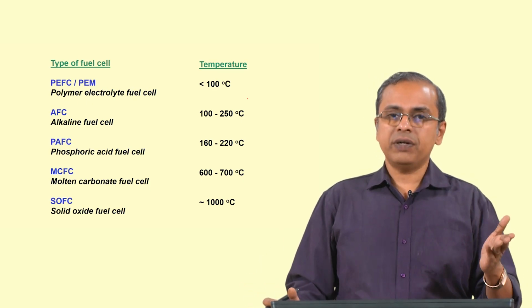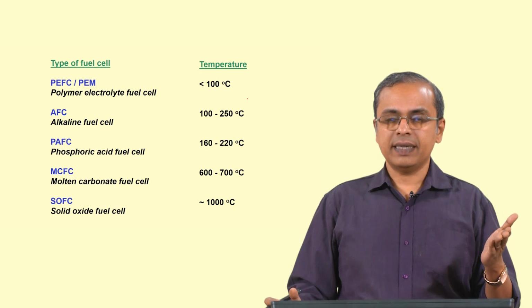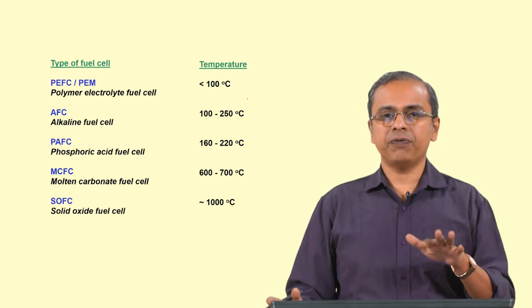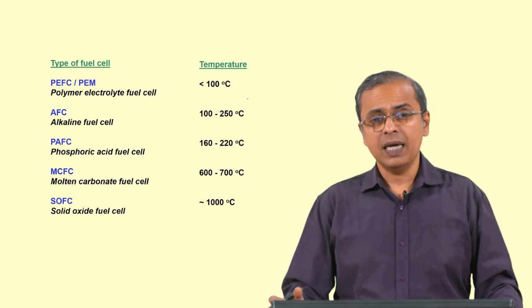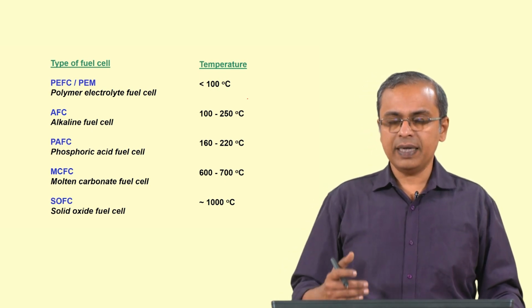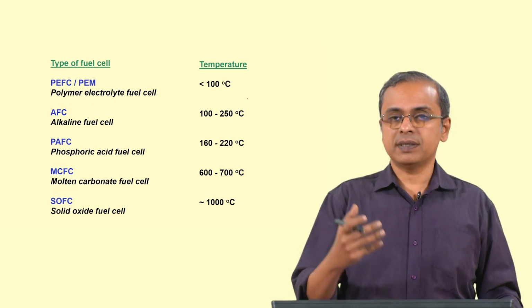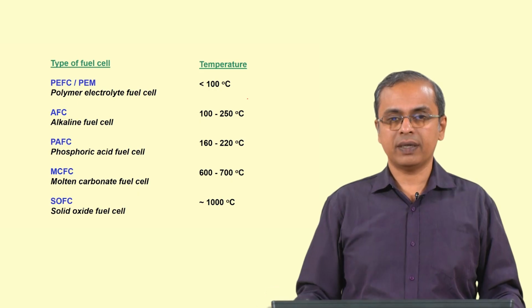So, on the anode side of the fuel cell you will supply hydrogen, on the cathode side you will supply air or oxygen, and that is a typical setup. But you have a wide range of possibilities with respect to how the fuel cell deals with this fuel and air combination and how it operates.